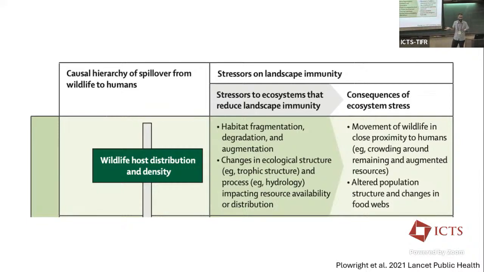You may not lose the whole habitat, but you may lose prey species or keystone species in the environment that are holding things together, or important processes, right? So maybe something about the hydrology or certain cycles have changed enough that you can no longer stay there or have to go seek out these resources elsewhere. And so you can get changes in food webs.